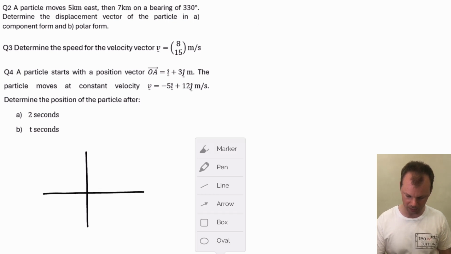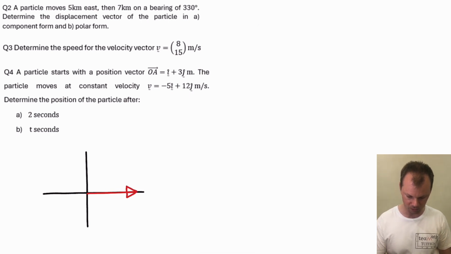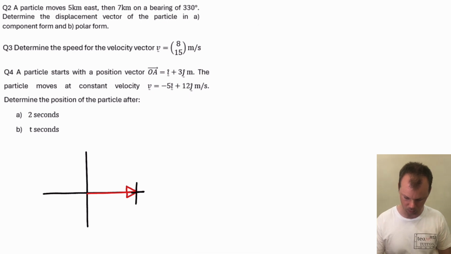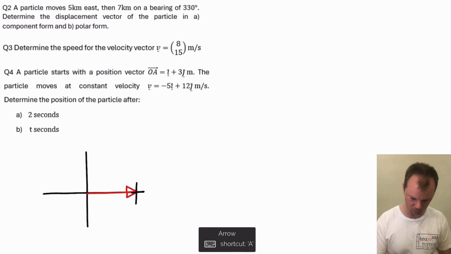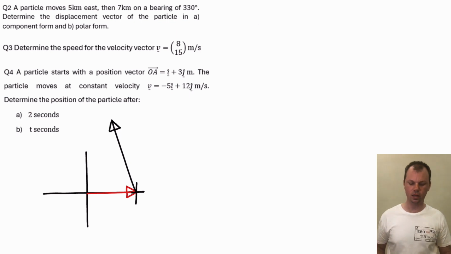So we've got a displacement of 5 kilometers east and then 7 kilometers at a bearing of 330. So if I draw another line in here, and we are going 330 degrees, which is going to be up that way for 7 kilometers. Okay, so that's our journey.